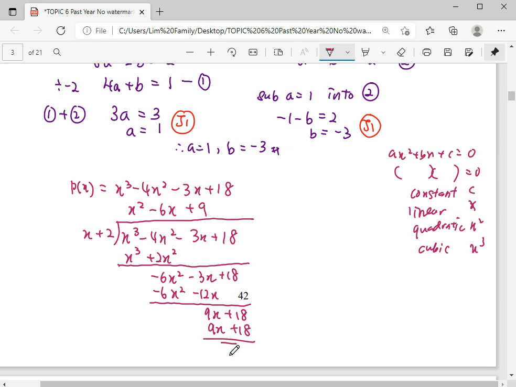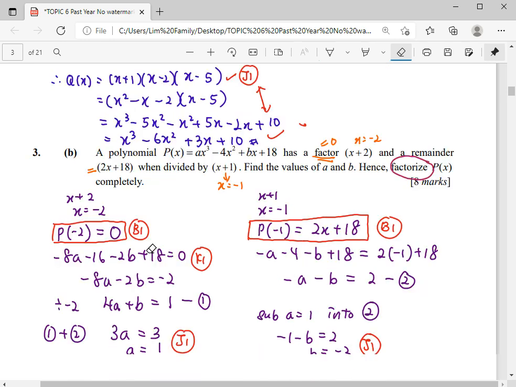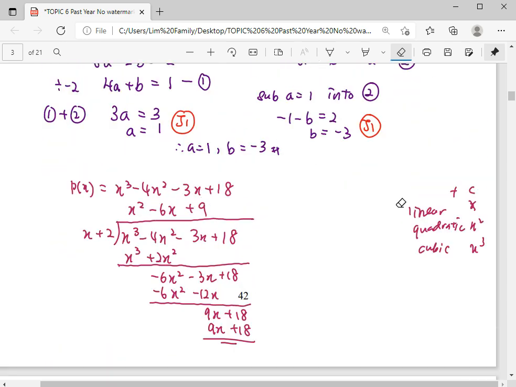We don't have any remainder. That makes sense, because when we divide by our factor, it should not have any remainder, because the factor theorem says when you use your x plus 2, your remainder will be 0. So if you're getting a remainder, it means your long division has something wrong. You made a mistake.